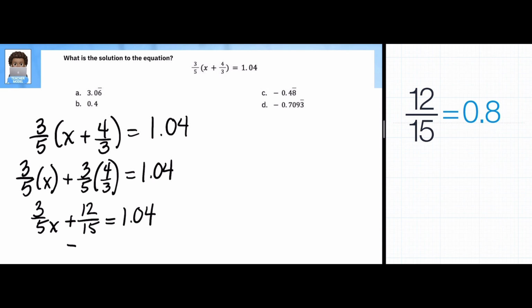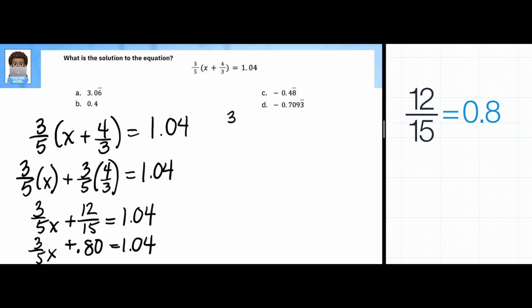So I want you to just see why I would rather use that. Why would I rather have 0.80? Well, for one, it's much easier for me to subtract that from both sides.